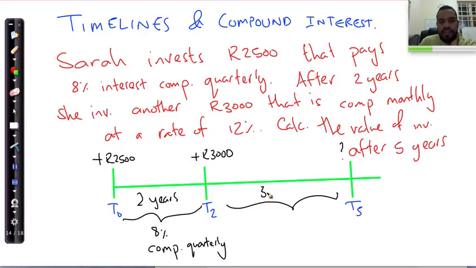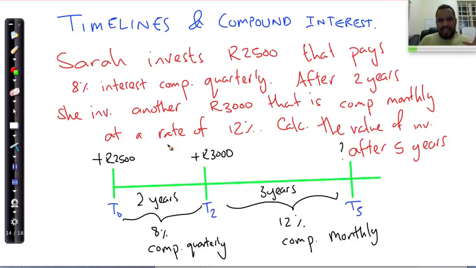And this period over here is 3 years, and in total they give me 5 years. This period over here is paying at an interest rate of 12%, and that is compounded monthly. Now, there's going to be a separate calculation for this section and a separate calculation for this section.